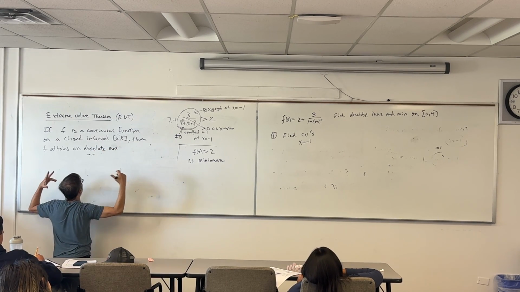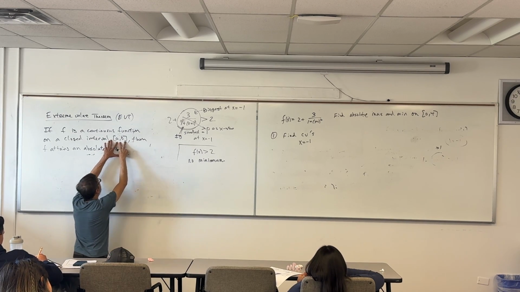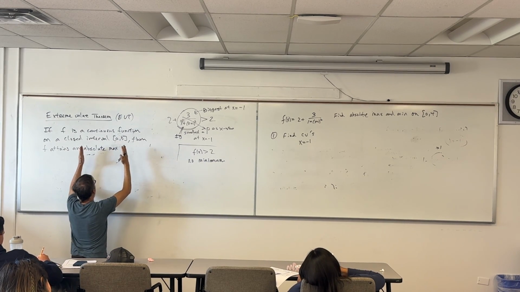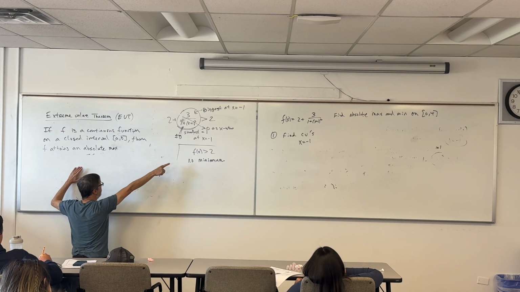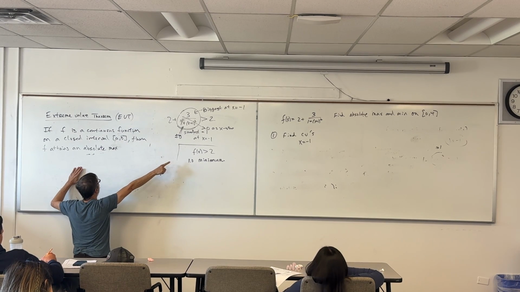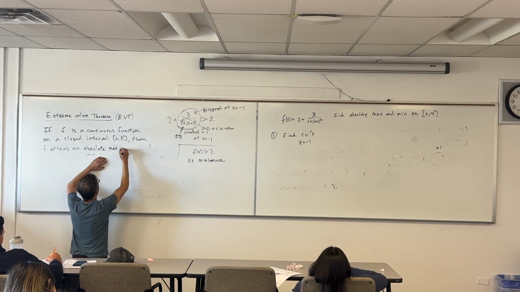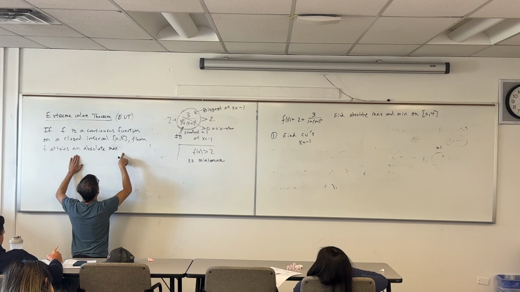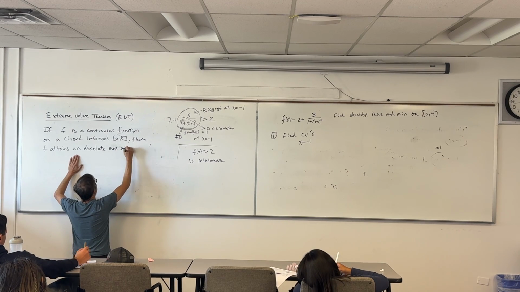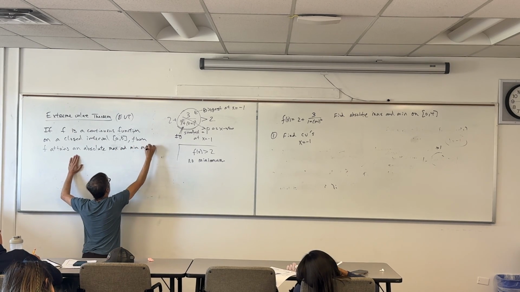You need continuity, and you need this interval to be finite and closed at the ends, because you can see what happens when it's not. You can just trickle away and never reach a minimum. So it attains an absolute max and min on [a, b].